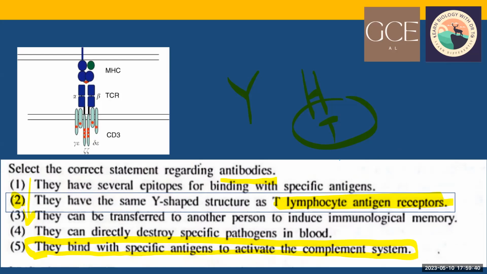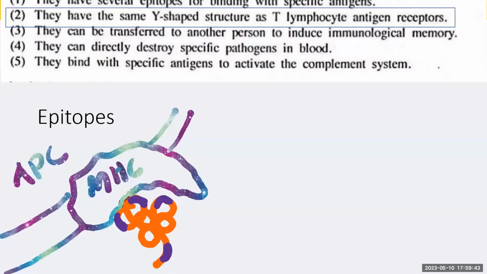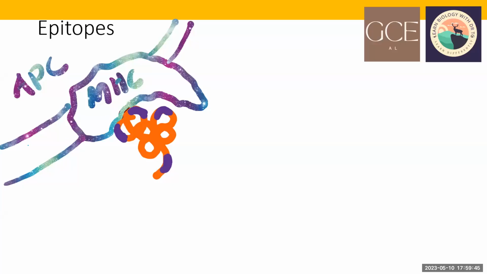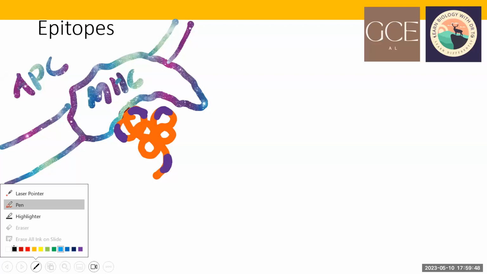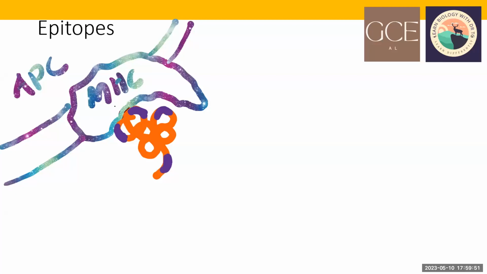Right? So again, go back to the binding. Now here, the antigen presenting cell and MHC, and this is antigen. Now this antigen is small, we can consider it a polypeptide chain or small protein molecule. A polypeptide chain is an amino acid sequence which is folded, not very complicated.